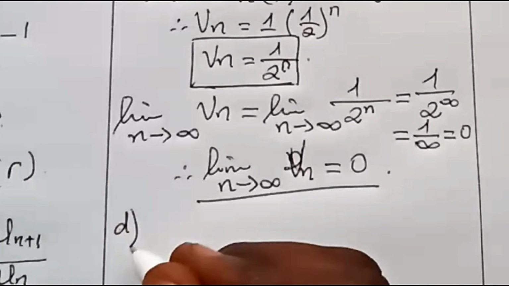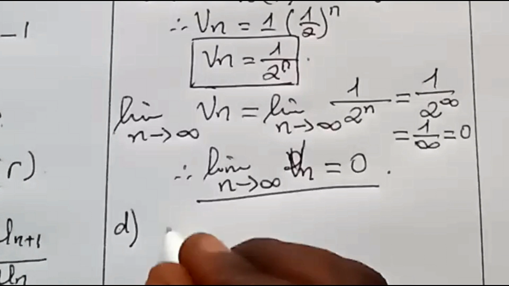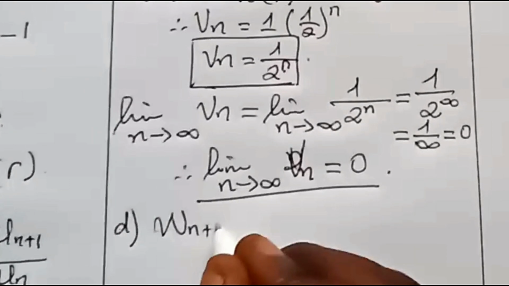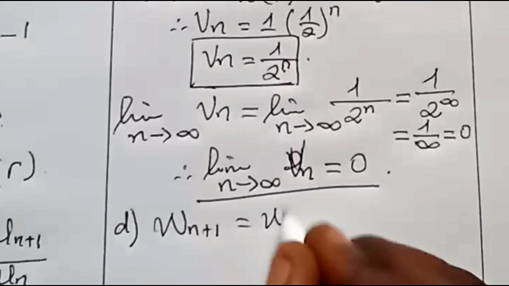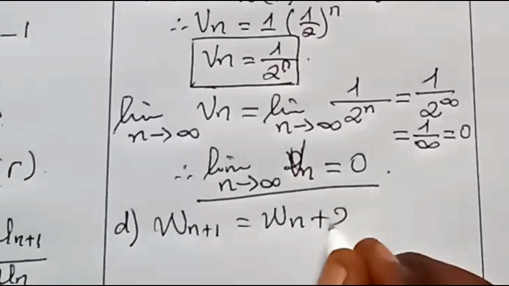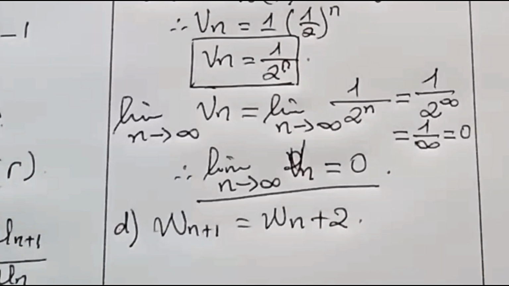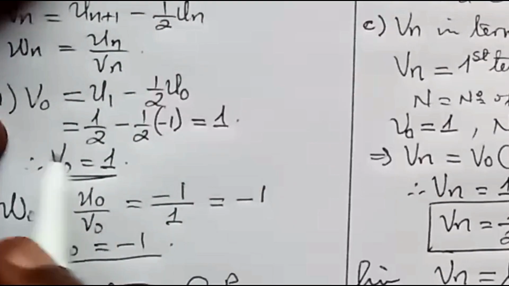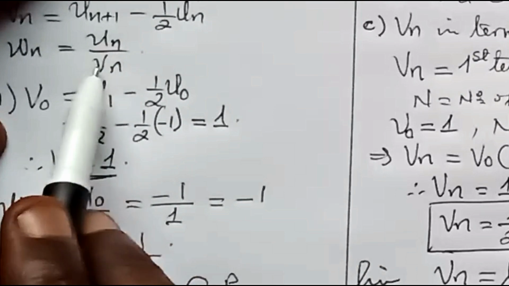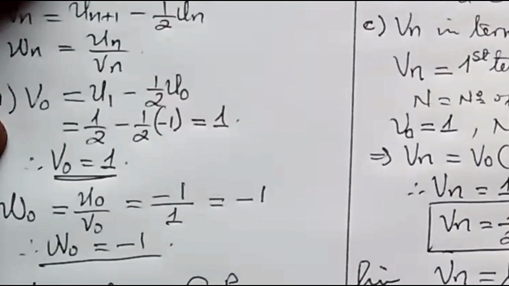In the D part, we are asked to show that Wn plus 1 equals Wn plus 2. So begin with Wn plus 1. Remember, Wn is given as Un over Vn.